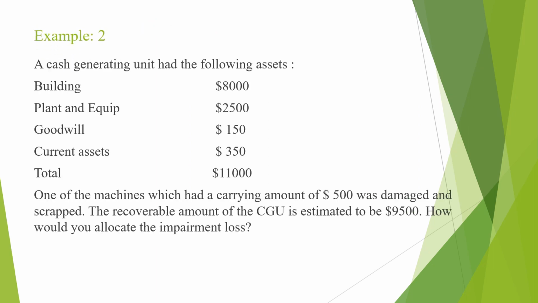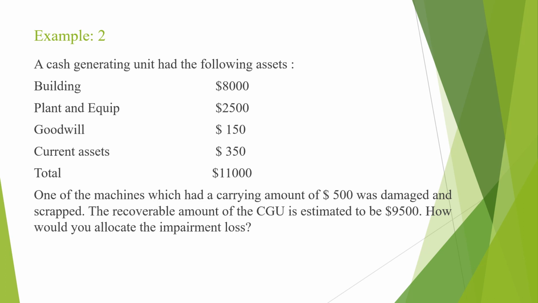A cash generating unit had the following assets. The building was valued at 8,000, plant and equipment is 2,500, goodwill is $150, and current assets is 350, and the total assets of the CGU is 11,000. One of the machines which had a carrying amount of 500 was damaged and scrapped. The recoverable amount of the CGU is estimated to be 9,500.